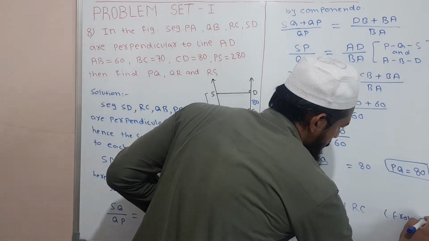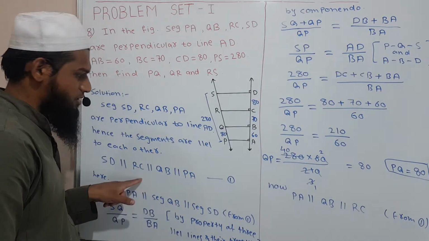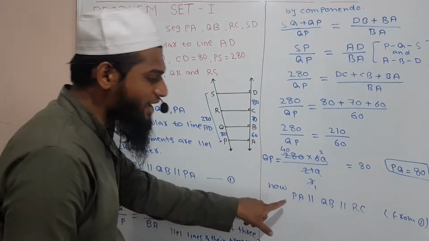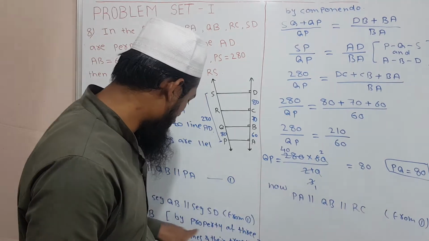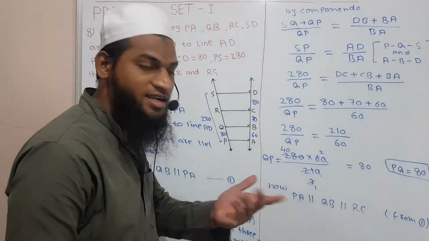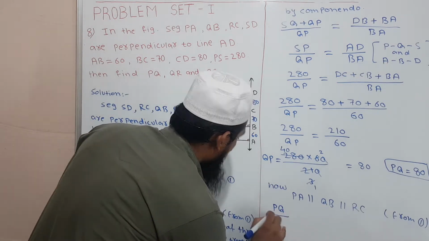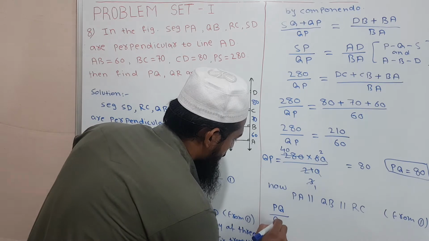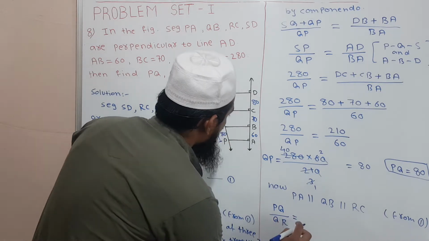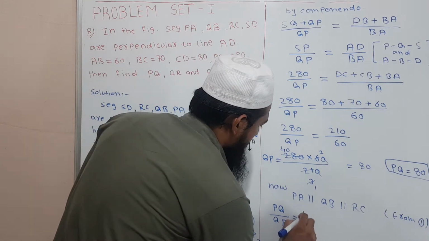From equation number 1, according to the property of three parallel lines and their transversal, we can write PQ upon QR is equal to AB upon BC.